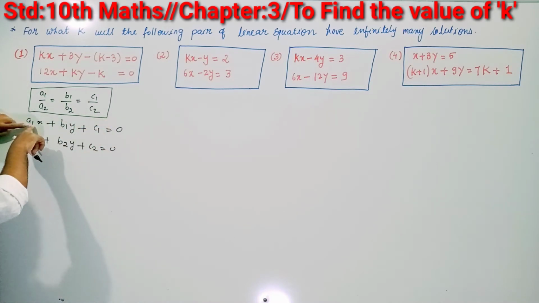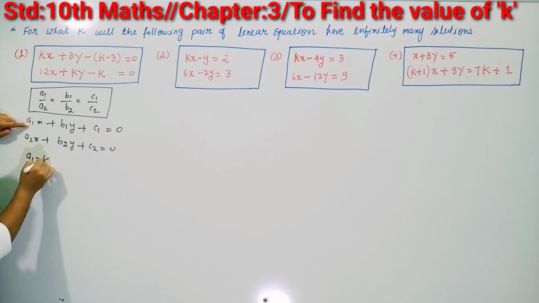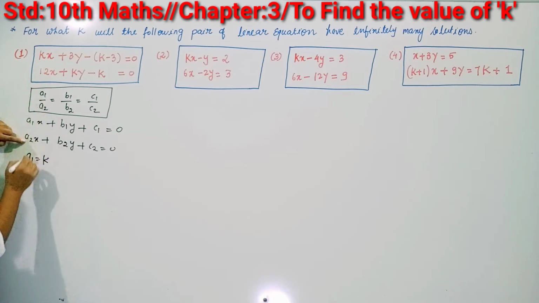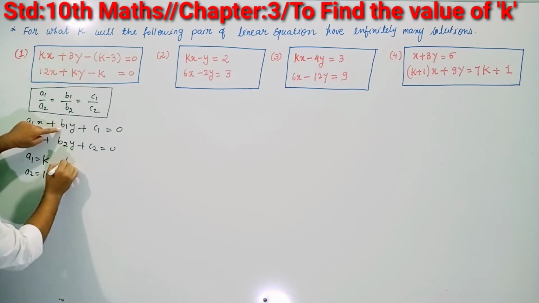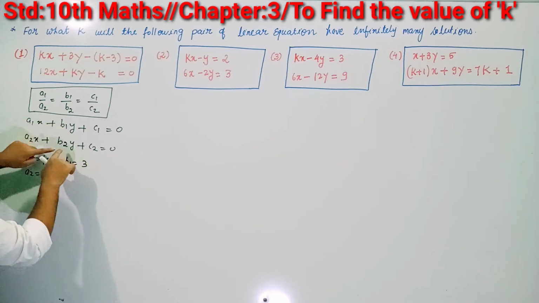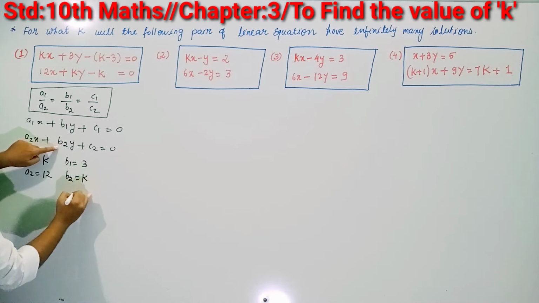So from here, the value of A1 is k, the value of A2 is 12. Similarly, the value of B1 is 3 and the value of B2 is k.